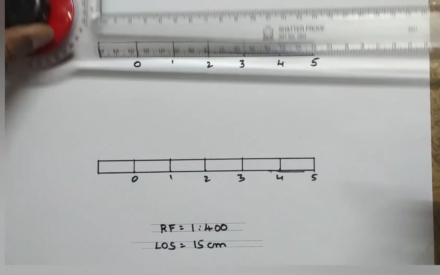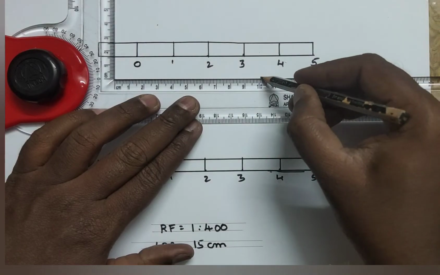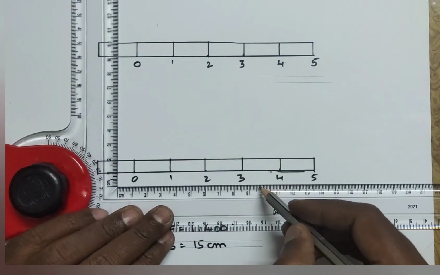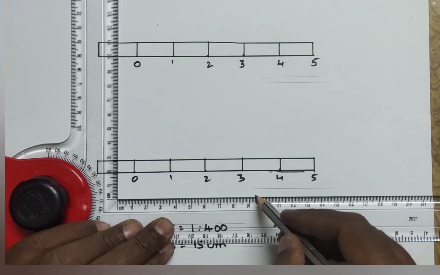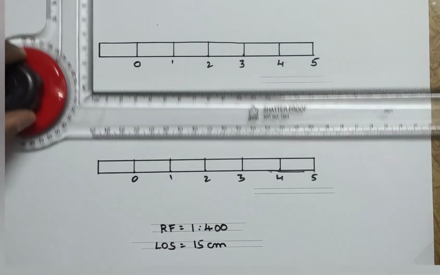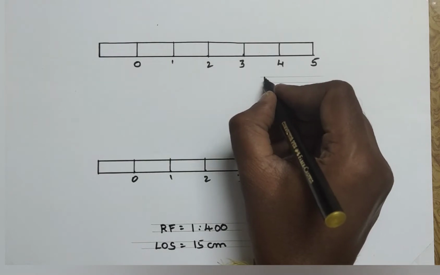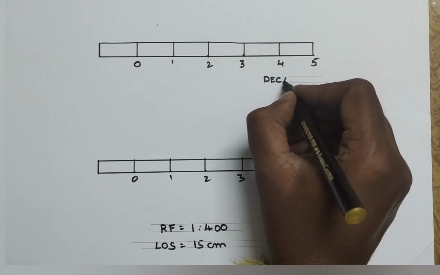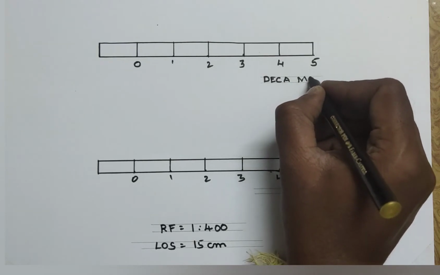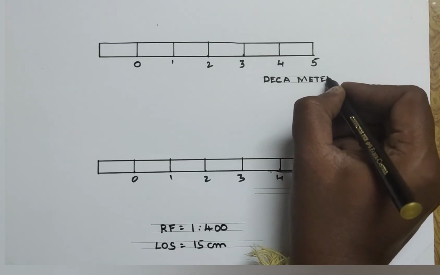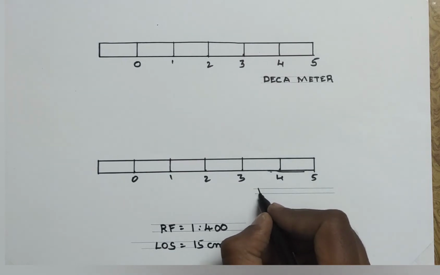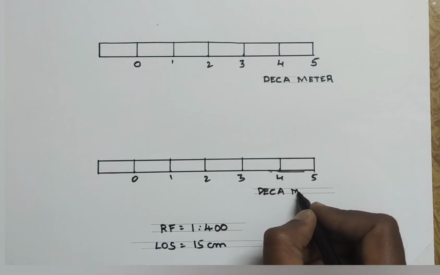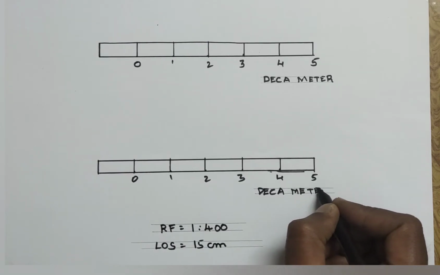So here it is going to be decameter. So here also I will write the same, decameter. So the primary unit is going to be decameter.